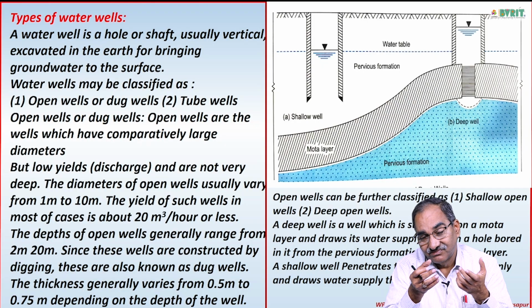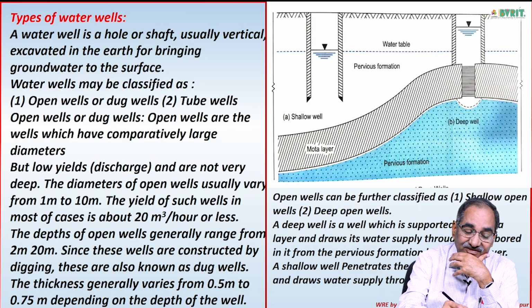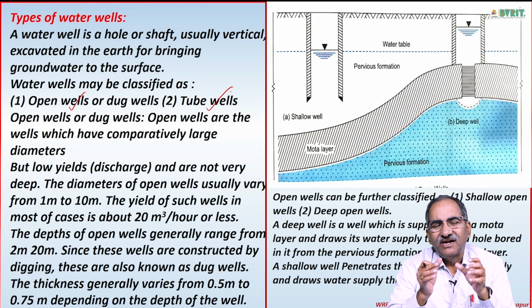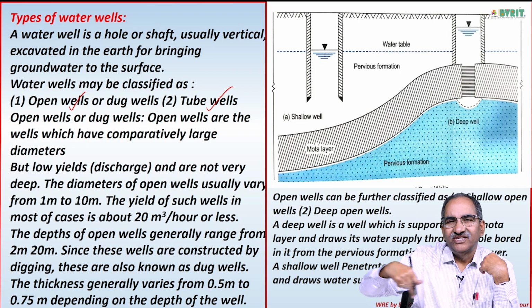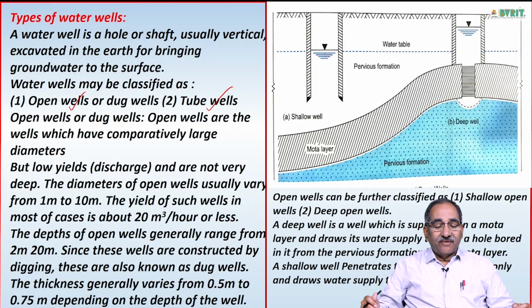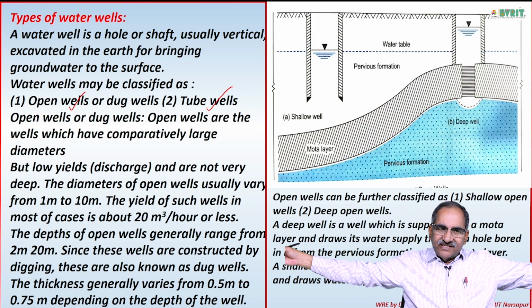Depending upon the need, we can classify them as open wells and tube wells. Fundamentally, the difference is that open wells are very large in diameter, generally varying from 1 meter to 10 meters.